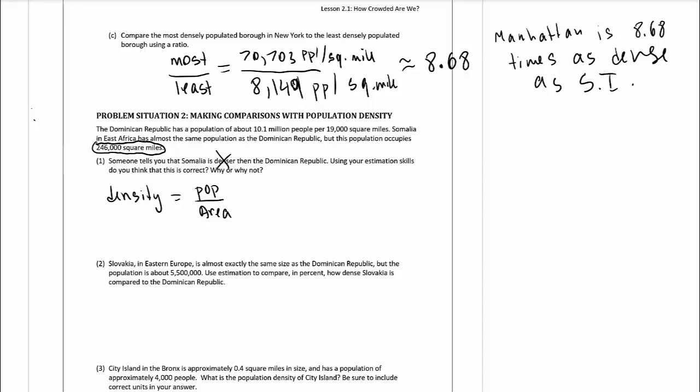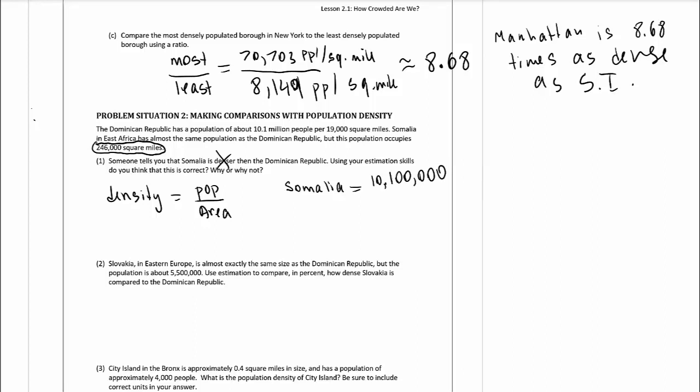You can go ahead and calculate Somalia's density. So what is it? About 10 million people. Let's use the same number. We have to write that using standard form.